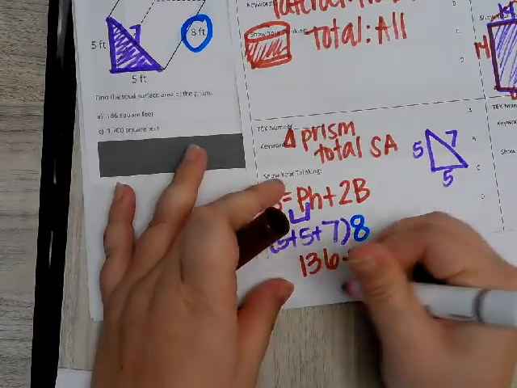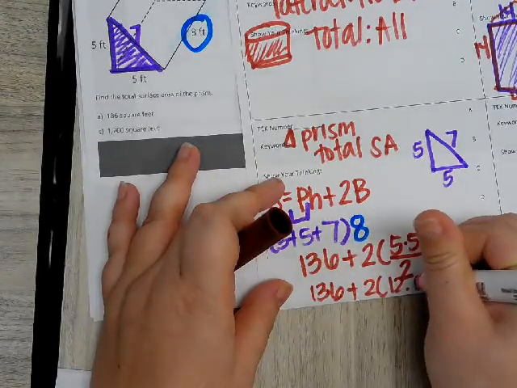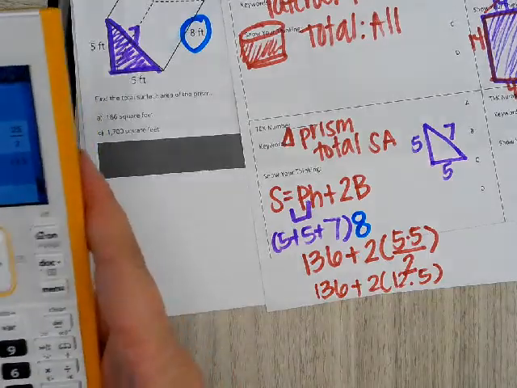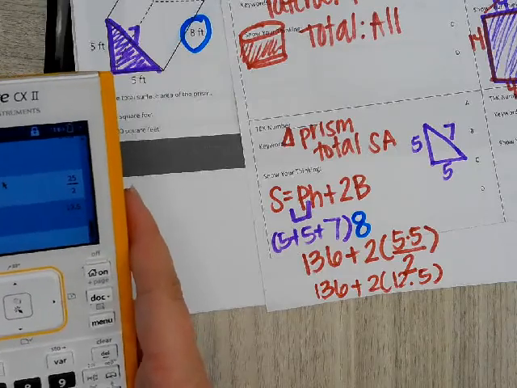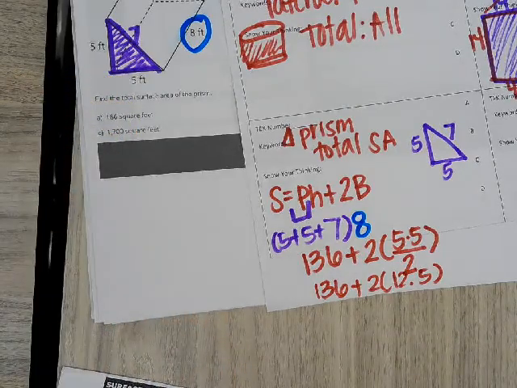So again, that's 136 plus 2 times 12.5. All right, let me put that in my calculator. 136 plus 2 times 12.5. I get 161.